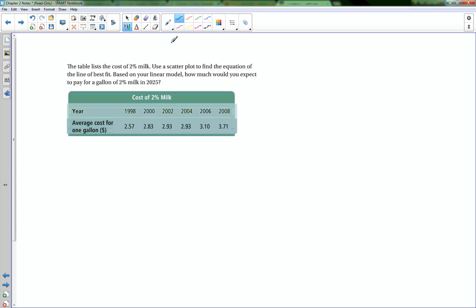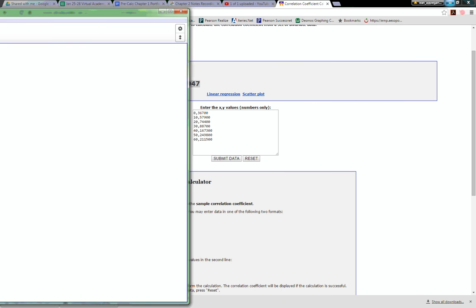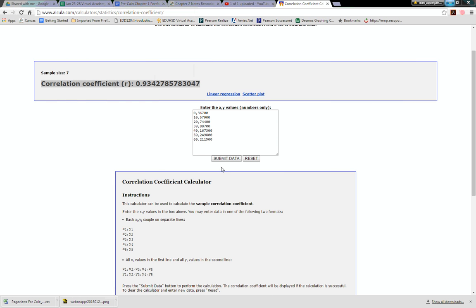Okay, so we are going to use this data here to make a scatter plot and then use it to figure out how much we can pay for a gallon of milk in 2025. So I am going to input this data into our calculator, we're going to let 1998 equal 0. So it's going to go 0, 2.57.